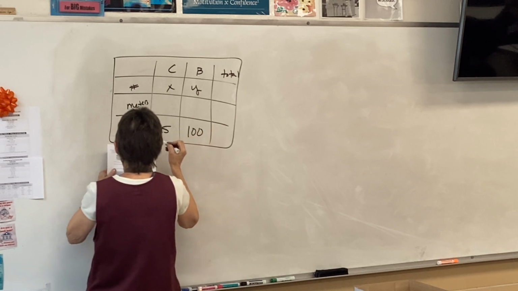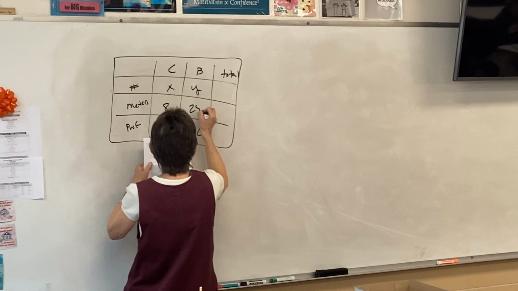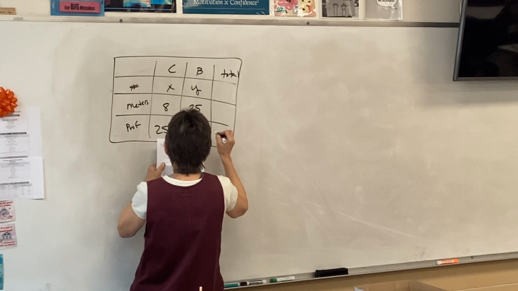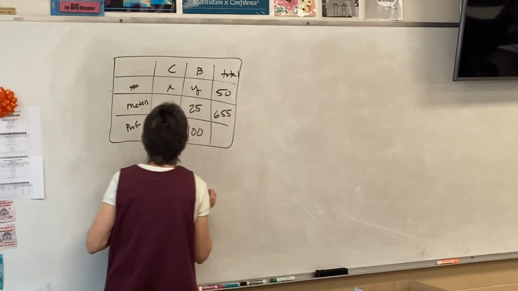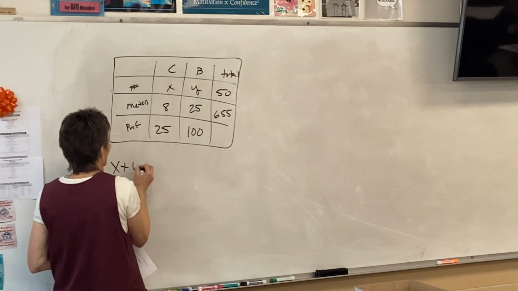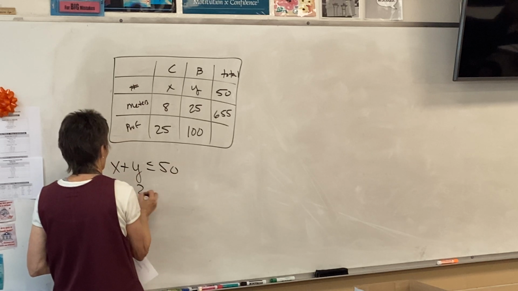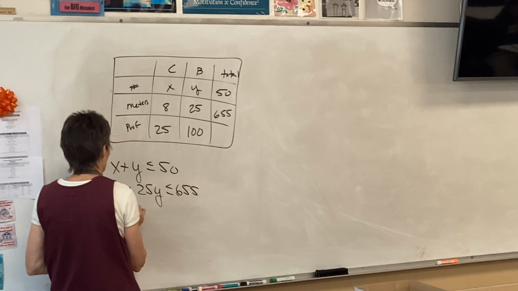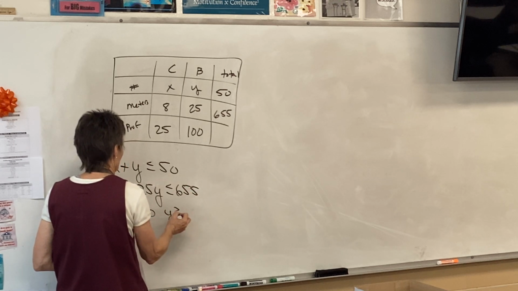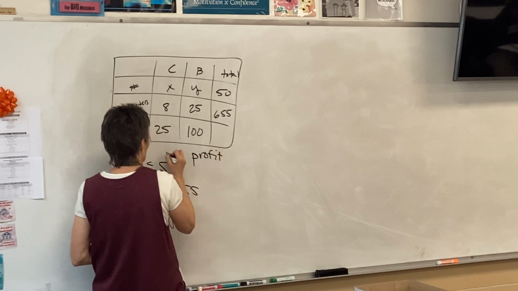And then down here, it's a limit, so it has to be less than your total. You only have a certain amount of cars, so less than 260.